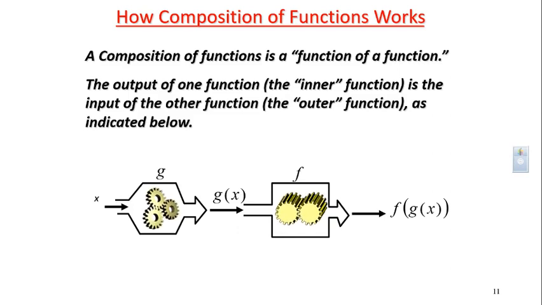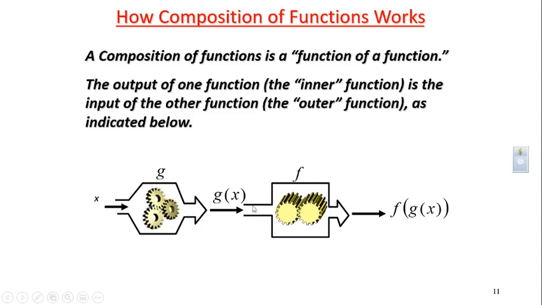Now, as you can see here, whatever doesn't work in g doesn't work overall. And there are also some things that may work in g, but when the output comes out, they may get stuck in f. That means that x wouldn't work overall either. So when we're doing the domain, we have to bear in mind that whatever works in the composition has to work in the original function to begin with.